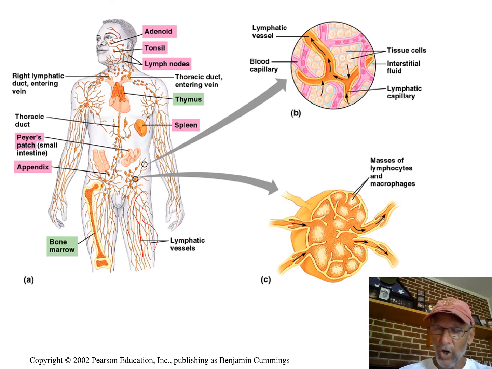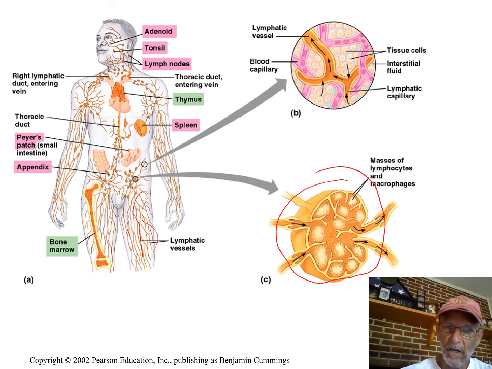So even though we don't call it our circulatory system, it is a circulatory system, and it does have blood cells in it, just not red blood cells. And at certain places there are these enlargements called lymph nodes. You're familiar with some of those under your neck, under your arm, in the groin area. You have patches of those.